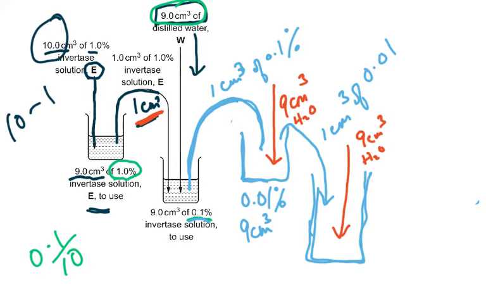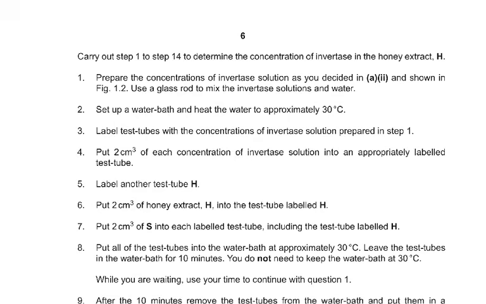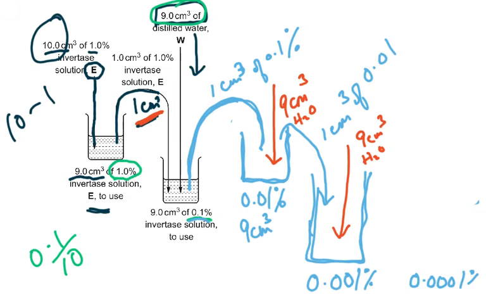So this would be the third beaker. Now you can see how it is decreasing 10 times. So 1% became 0.1%. Now this will become 0.01%, and this one will be 0.001%, and the next one will be 0.0001%. So what we need to understand is that we are diluting it 10 times, and every time we are adding 9 cm³ of distilled water.